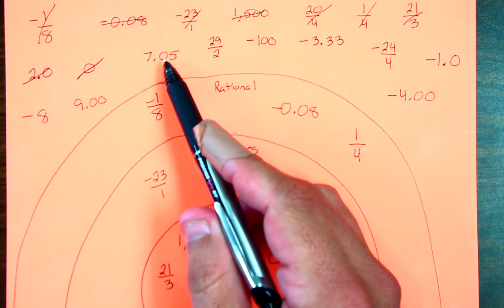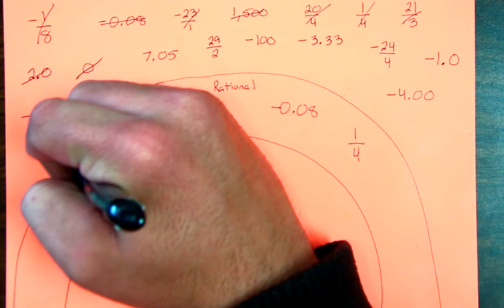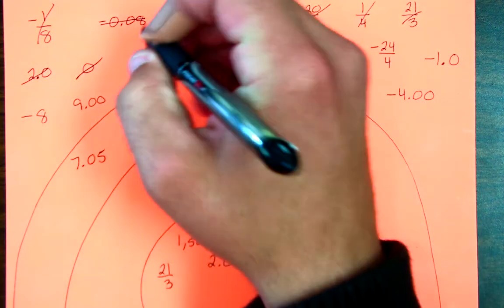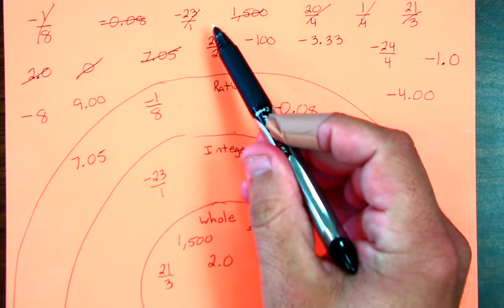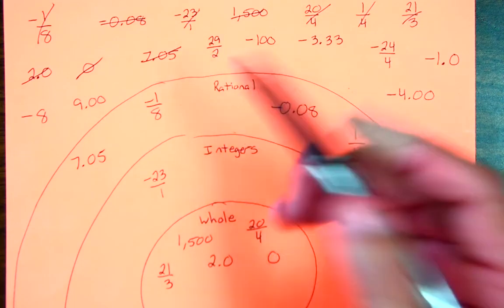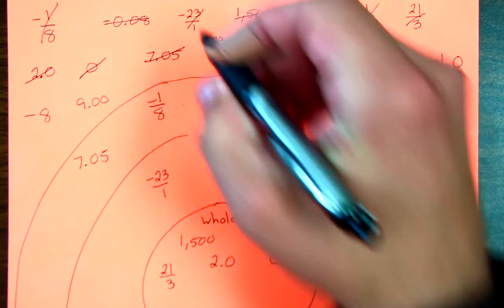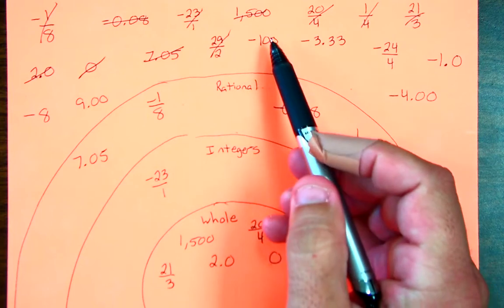7.05. This time this is a decimal. It's rational. 29 divided by 2 will not give you a whole number. Therefore, it is rational. -100.